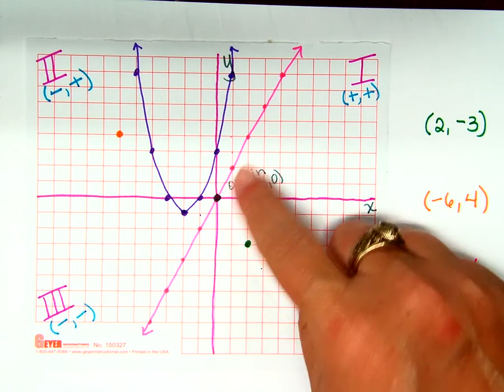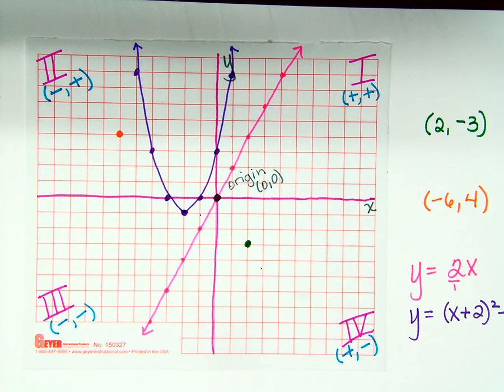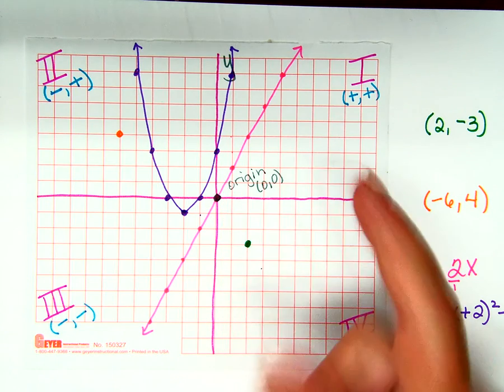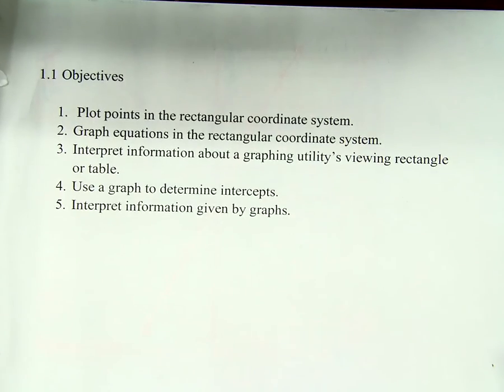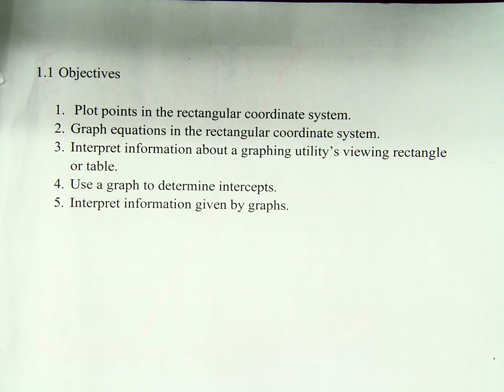So you could look at that easily and tell that that was 2. Or if they had a different scale here, you could figure that out as well, yes? Okay, do you have any questions about that? That's literally every objective we have for section 1.1. You good? What could you always do if you're not good? Ask, for sure. Okay.